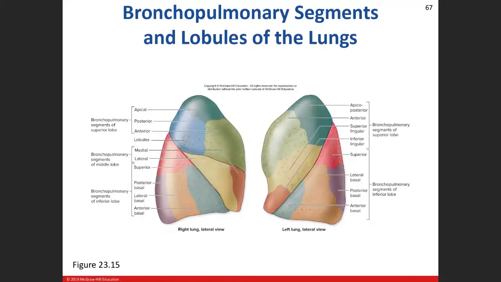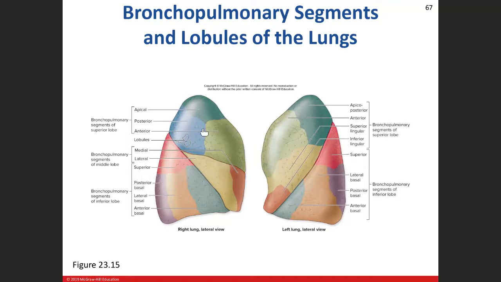Okay, so again, this is just a picture of all the different segments. You can see here, for example, on the right side, we have 3 segments in the superior lobe, 2 in the middle lobe, and then we have 4 in the inferior lobe. Within these lobes, you can see the smaller lobules.